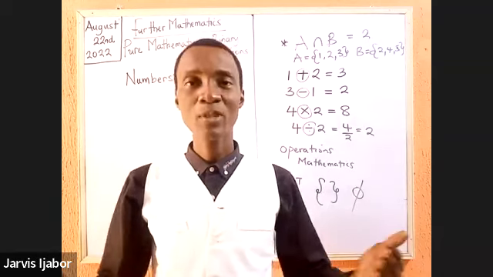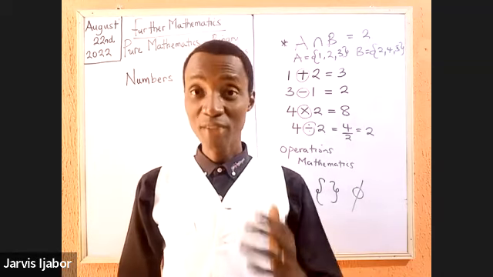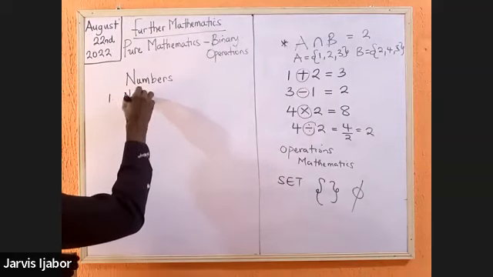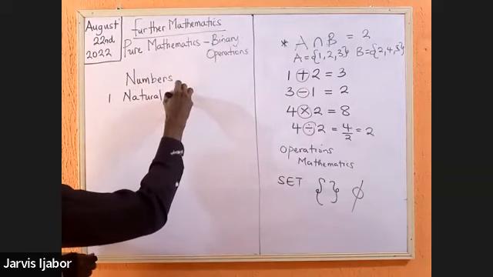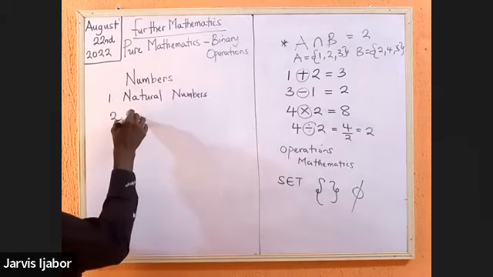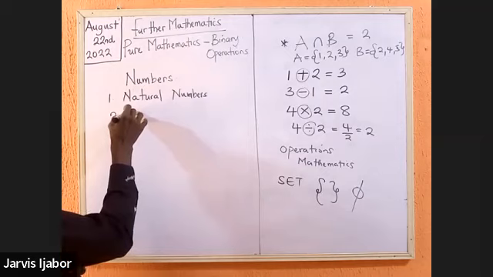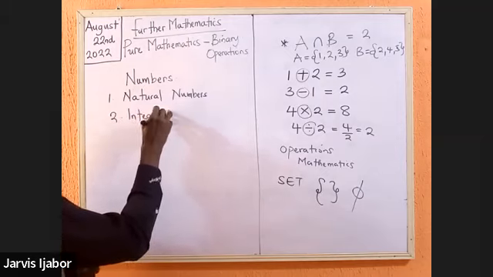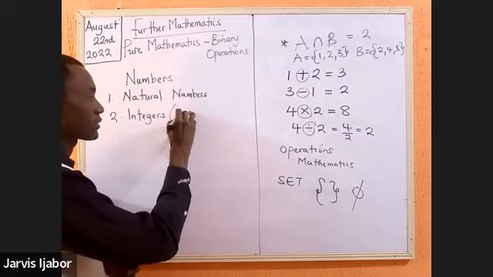Now, what are the types of numbers you have? 5 of them. The first one we call natural numbers. The second one we call integers, or what you may call directed numbers.